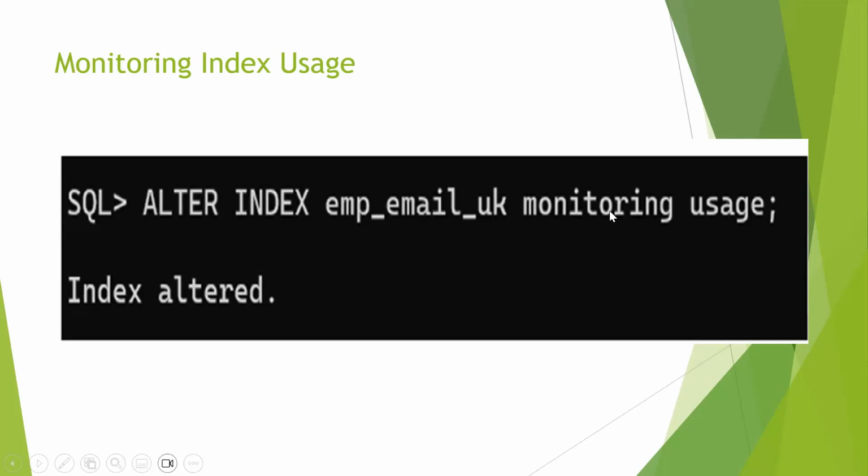Then we have the reserved words MONITORING USAGE. This clause indicates that you want to modify the monitoring usage of the index. Monitoring usage allows you to gather statistics about the usage of the index, such as how frequently it is accessed or used by queries.